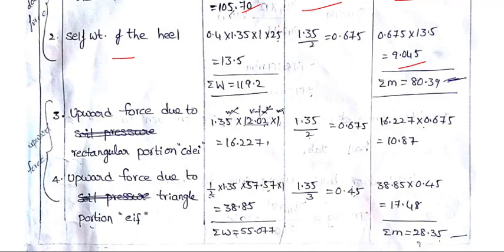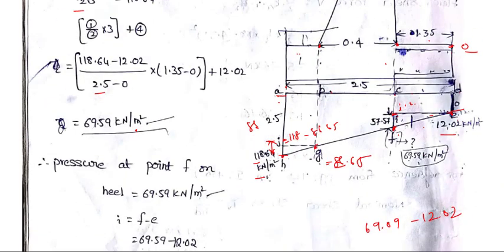Next we need to find out the upward force due to rectangular portion CDEI. Why? Because here you can see you are designing up to the heel slab only. So C, D, E, this one is I. So we are going to divide this into a rectangle and a triangle.